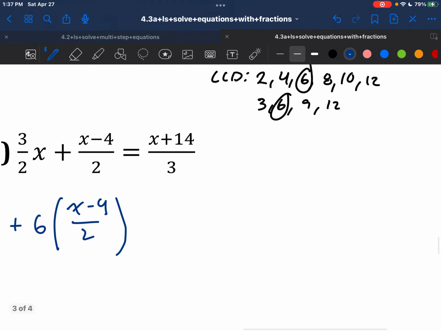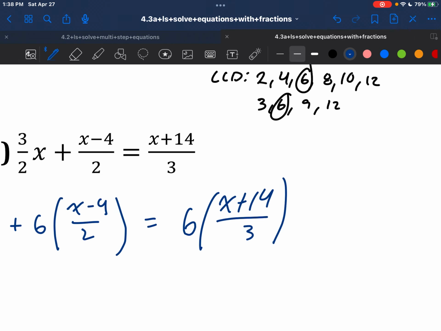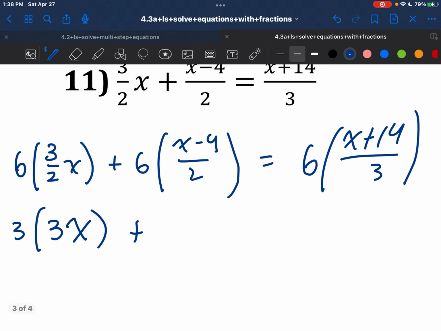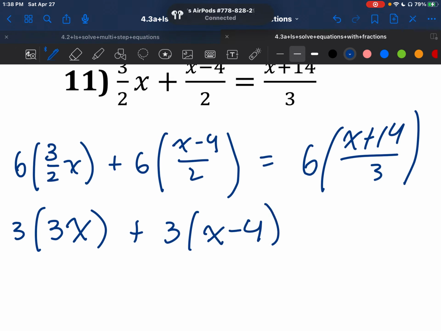And like that, and then equals 6x plus 14 over 3. Okay. Now this is going to go to 3 times 3x plus 3 times x minus 4.